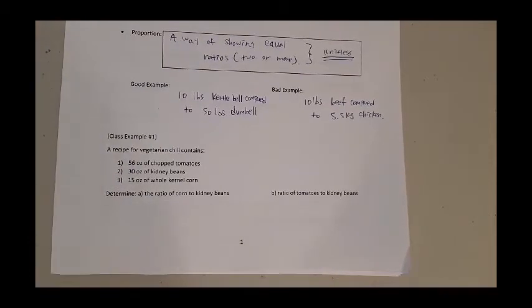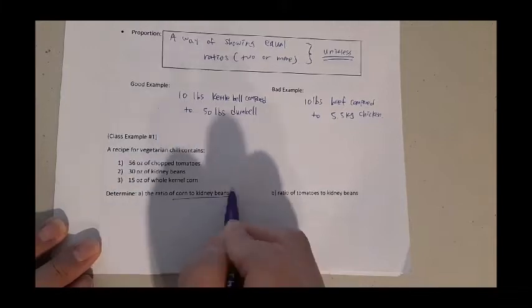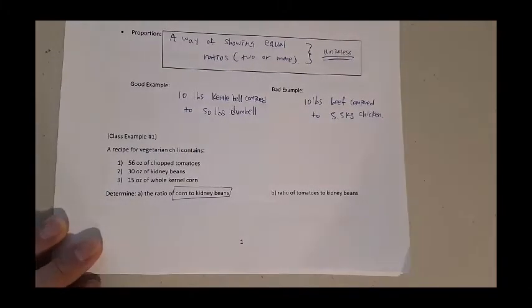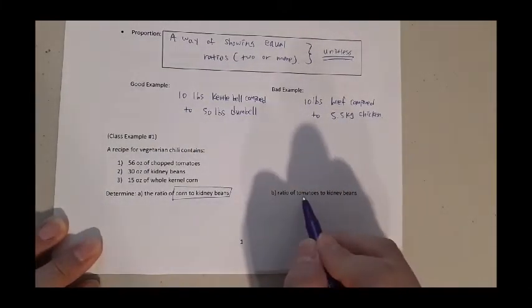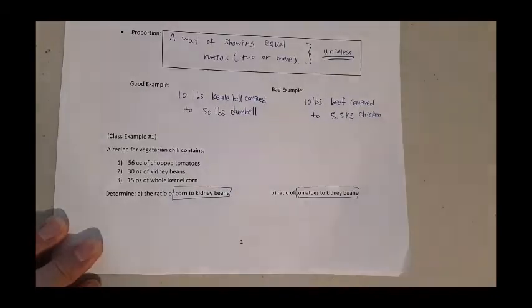Classic example number 1, which you can find in the workbook on pages 9 to 10, if I recall. A recipe for vegetarian chili contains 56 ounces of chopped tomatoes, 30 ounces of kidney beans, and 15 ounces of whole kernel corn. We need to determine A, the ratio of corn to kidney beans, and at the same time B, the ratio of tomatoes to kidney beans.